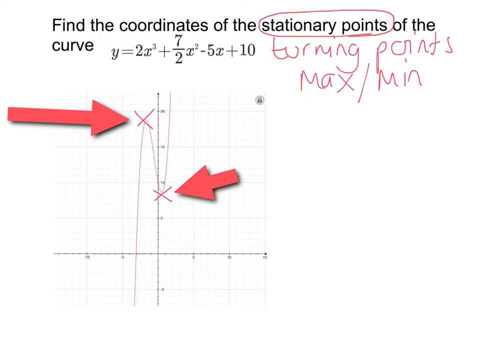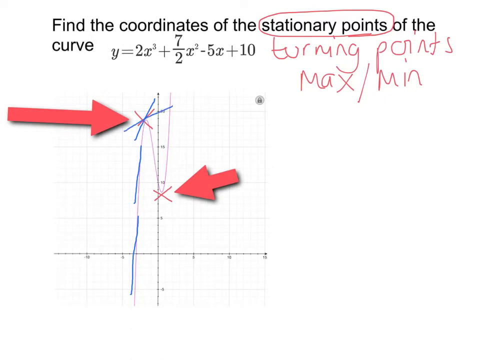Okay, so what I'm going to do is have a little look at the gradients of the tangent. Now, if I take a point on the curve and I do a tangent line, very bad one, sorry guys, all I'm interested in is the gradient of the tangent. Is it positive or negative? Now that is a very slight positive gradient. And if I did one here, it's a very slight positive gradient. The gradient of the tangent is still positive.